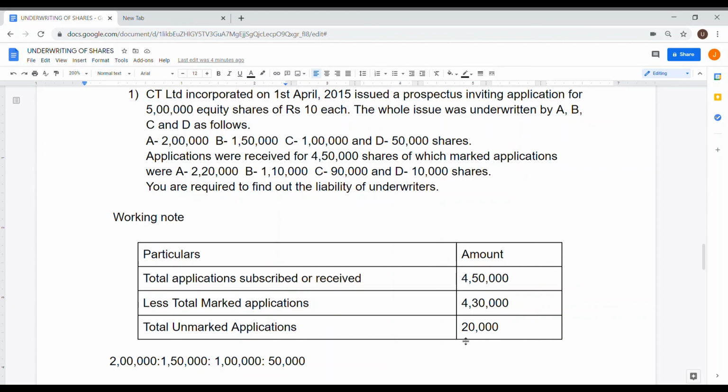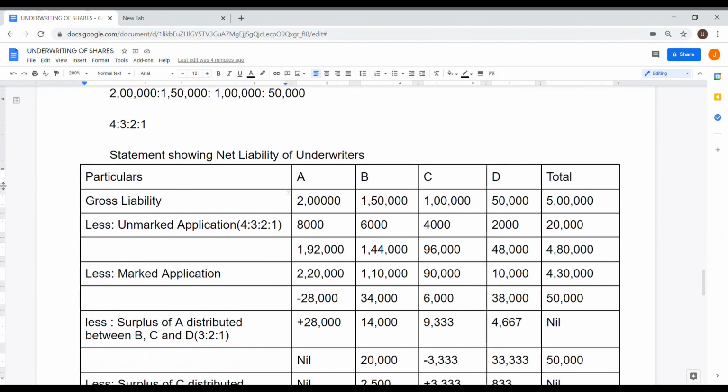Then how are you going to divide this unmarked application to all the underwriters, that is in the gross liability ratio. This is very important, that we have calculated 4:3:2:1, that is you have to just divide this gross liability and you'll get the ratio over here.